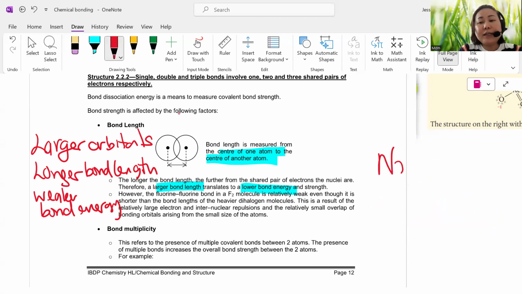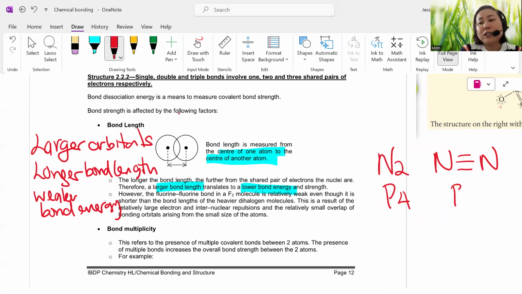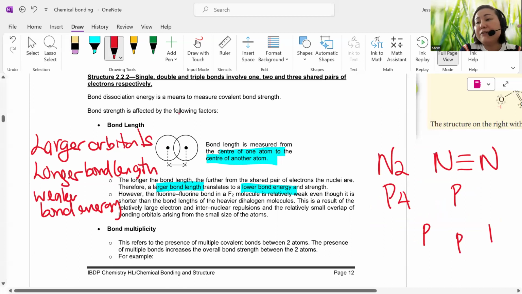So you can see that nitrogen tends to form triple bond, whereas the next element below nitrogen, phosphorus, can't form double bond. It can't form triple bond. But rather, phosphorus will form 3 single bonds instead to form a structure that looks like this, which we call P4. So it looks like this.